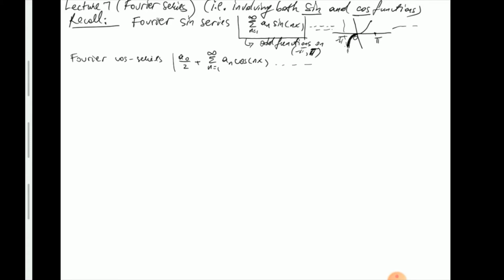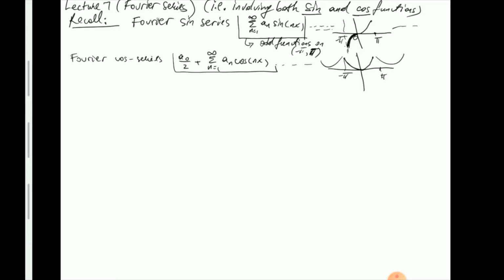This type of function will represent, again, once we build it to represent a function on the interval 0 to pi, let's say it looks like this, also its even extension. So basically the same shape reflected over the y-axis, and then periodic extension left and right for next intervals of length 2 pi in this case.